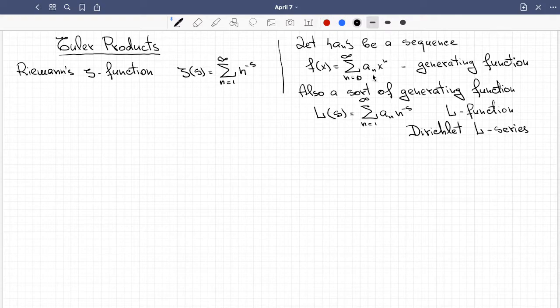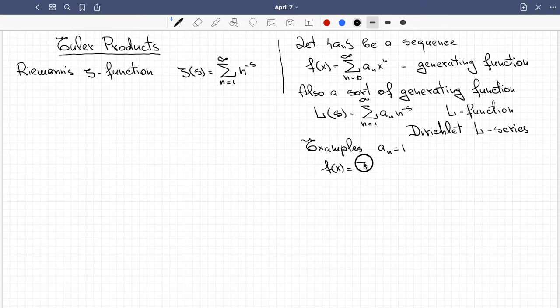So a special case, let me write it. Examples. Here a_n equals 1. In this case, f of x is the sum from 0 to infinity.